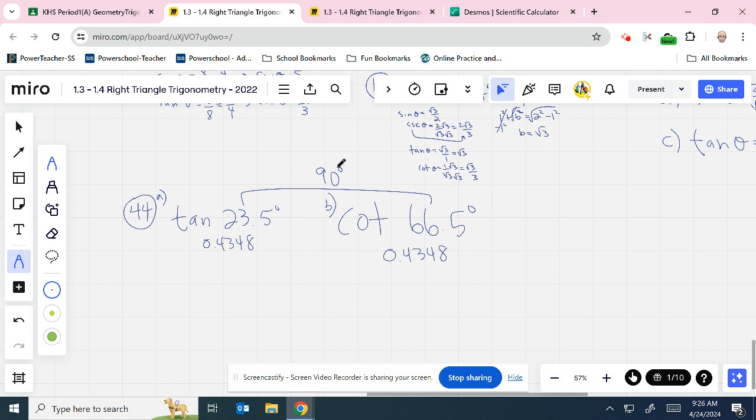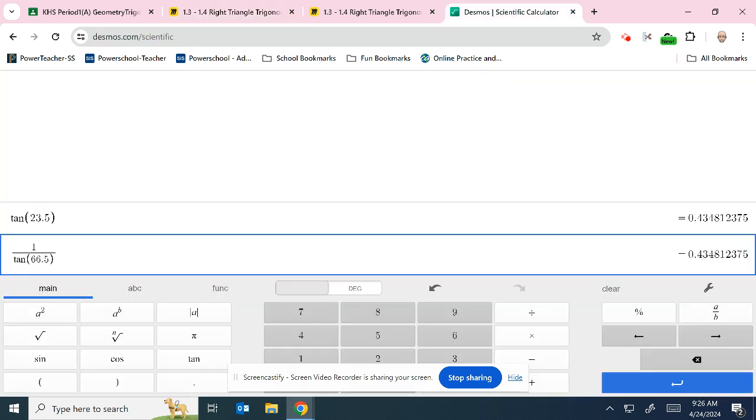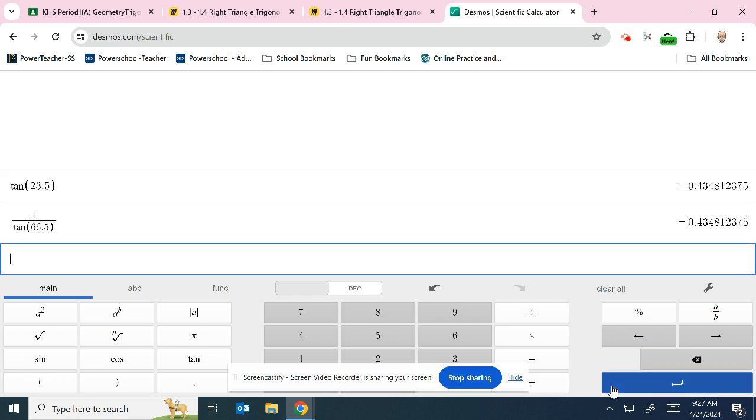But to put cotangent in a calculator, you can't put cotangent itself. You actually have to use tangent, but 1 divided by tangent is the same as cotangent. Cotangent is the reciprocal of tangent. So if you've got tangent over 1, you flip it over, you have 1 over tangent as your reciprocal. So that's how you plug in cotangent. You do the same thing for secant and cosecant.